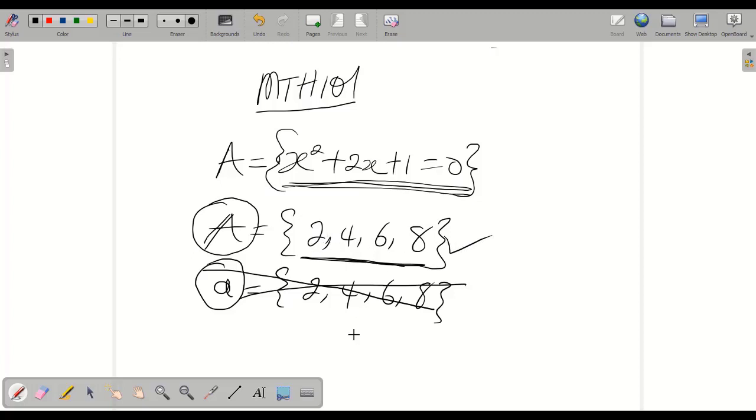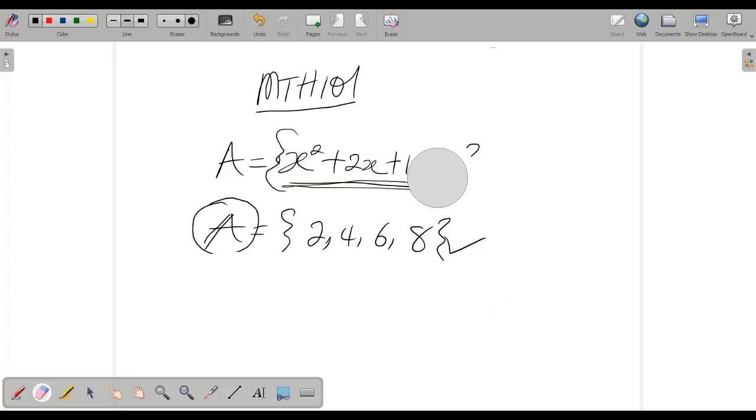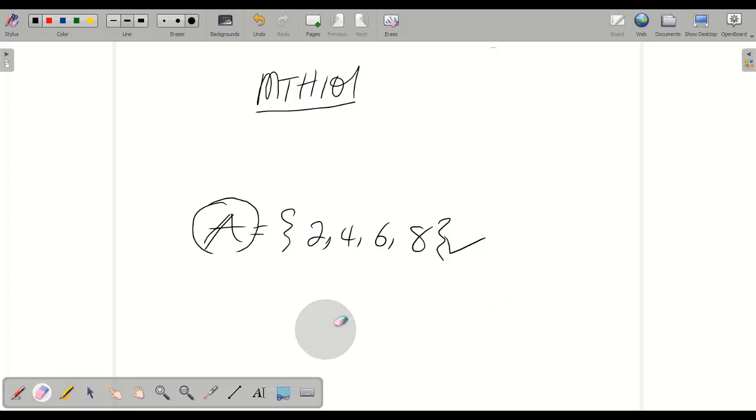Imagine I had said A is equal to 2 4 6 8 without commas. This is actually 2,468 and not exactly 2, 4, 6, 8. Are we getting it? One of the characteristics of a set is that a set is denoted by a capital letter, and the elements in a set are separated by commas.